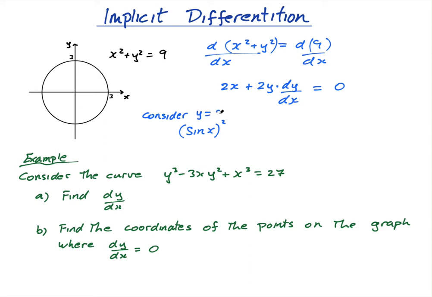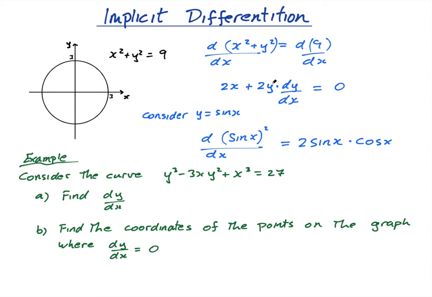Consider y equals sine of x, right? So what's the derivative d dx of sine x squared? Well, what we do is we differentiate the outside function, so it becomes 2 times sine of x, and then we multiply it by the derivative of the inside function, which is the derivative of sine x, which is cos x, so it becomes 2 sine x cos x, or 2 times y times dy dx.